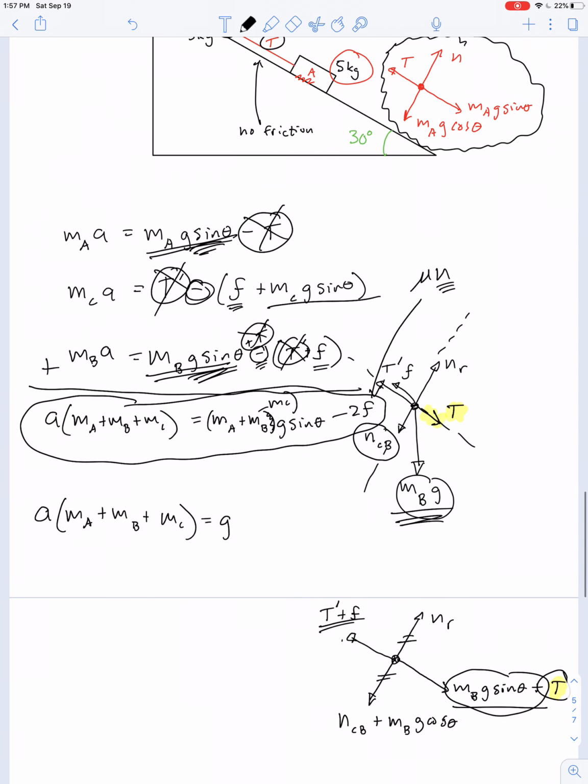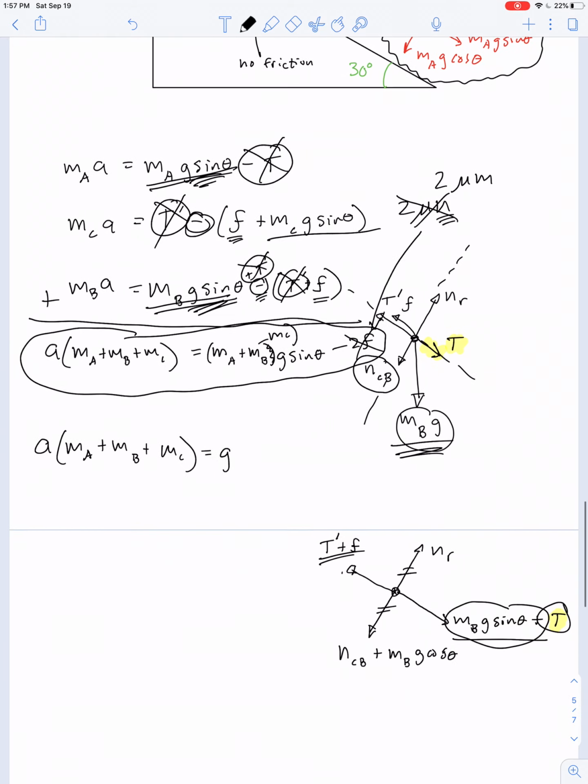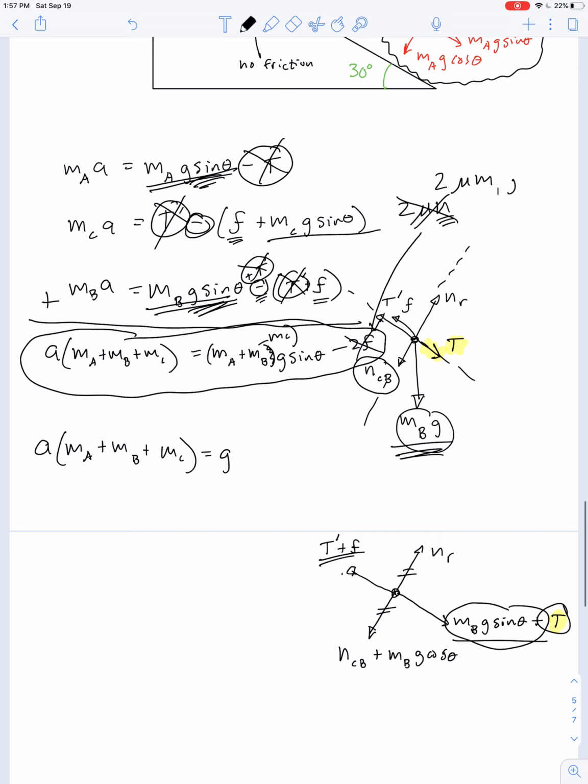So instead of writing this as 2F, I'm going to write it as 2 mu N. And instead of 2 mu N, I'm going to write it as 2 mu MCG cosine theta.